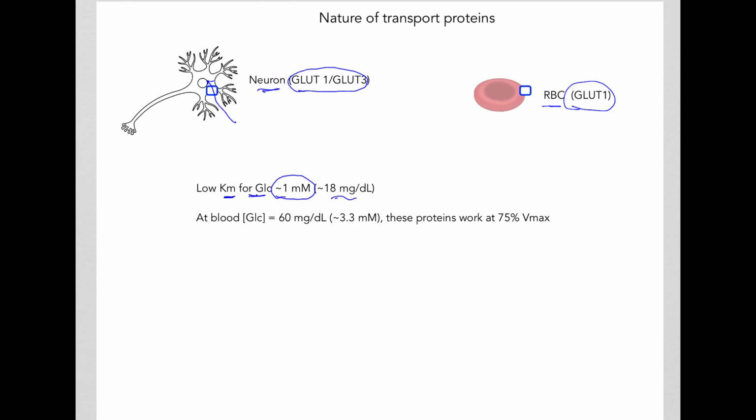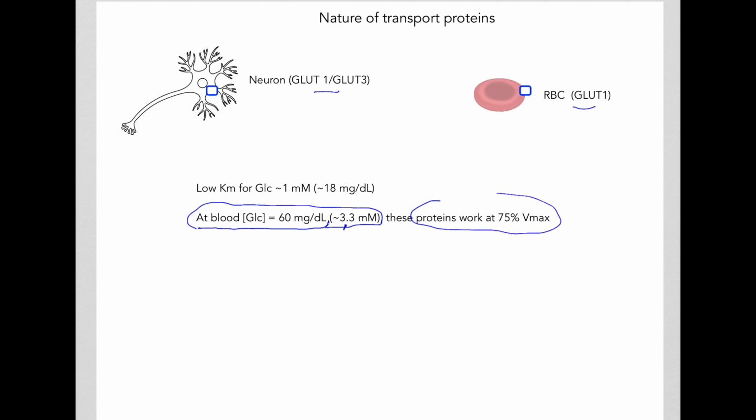That's roughly about 18 milligrams per deciliter. This means that when your blood glucose concentration is somewhere in the normal range, low normal here, 60 milligrams per deciliter, that's about 3.3 millimolar, these proteins, GLUT1 and GLUT3, will work at 75% of their maximum capacity, 75% Vmax, because they have a very low Km.